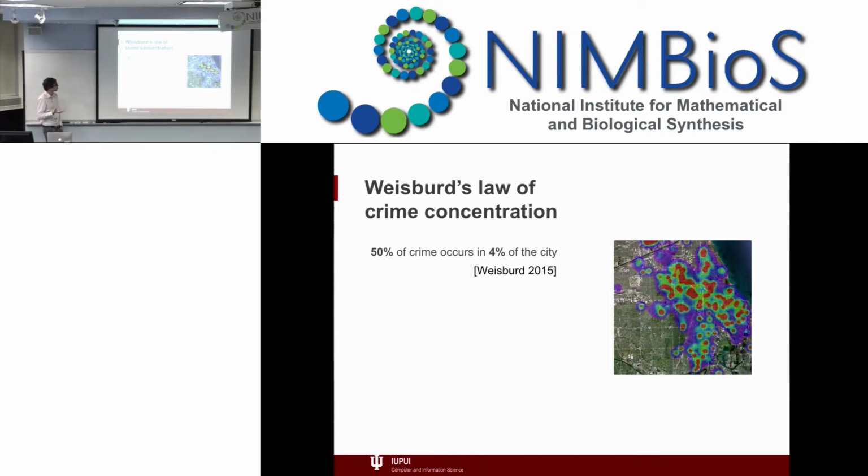Another way of thinking about it, and this is David Weisburd at George Mason, is his law of crime concentration, which says a large percentage of events occur in a small percentage of the city. For example, 50% of crime occurs in 4% of the city.